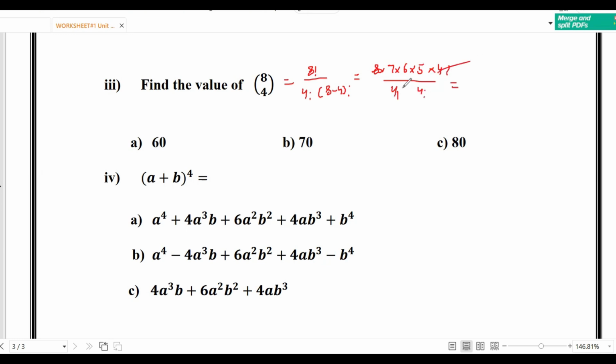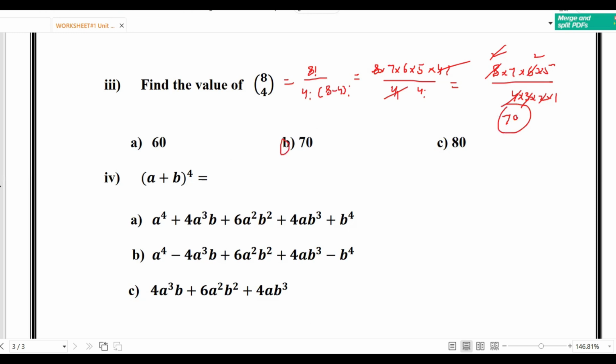That means 8 times 7 times 6 times 5 times 4 factorial over 4 factorial times 4 factorial. That means 8 times 7 times 6 times 5 over 4 times 3 times 2 times 1. 4 times 2 is 8 and the 2s cancel, so 3 multiplied by 2. Then 5 times 2 is 10, and 10 multiplied by 7 is 70. So here is your answer.